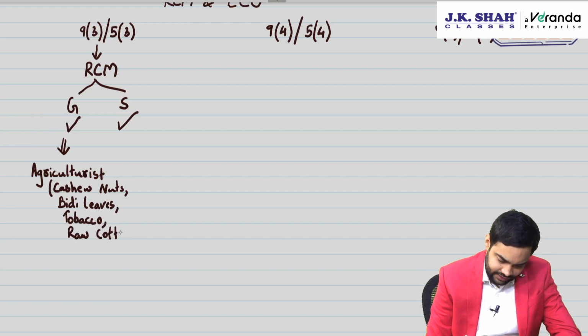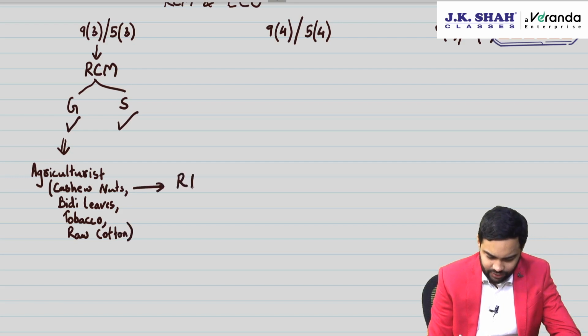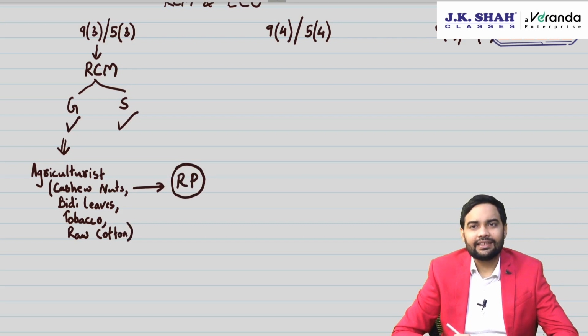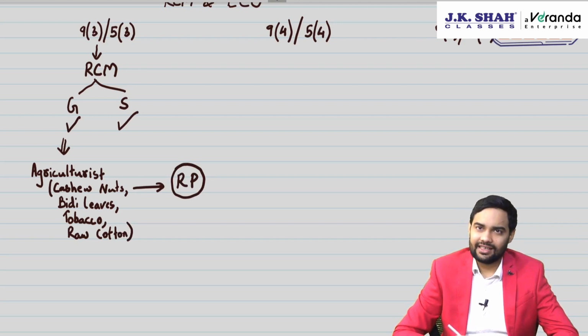If an agriculturist is the supplier of these and he is supplying to a registered person, then the registered person has to pay tax under RCM.